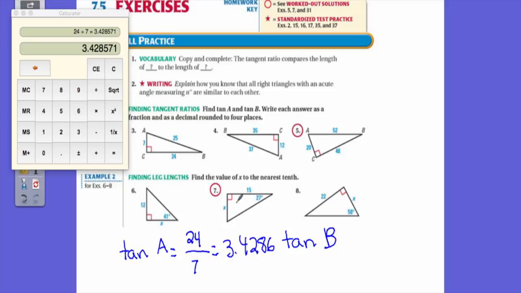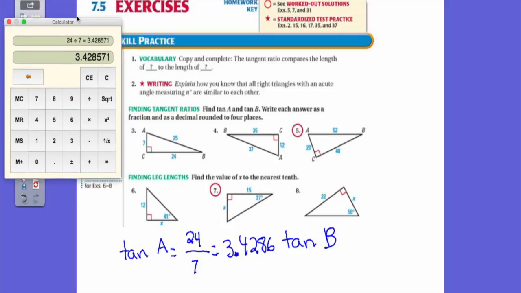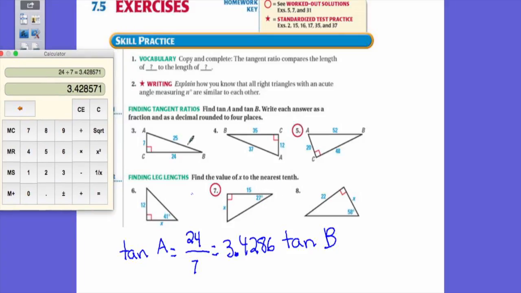On your test, and you will get the review for your test tomorrow, it will either say round to a fraction or round to a decimal 4 spaces. Whatever it says, you do. Now for the tangent of B. Now the side opposite angle B is 7.